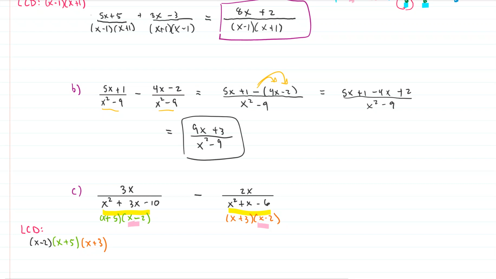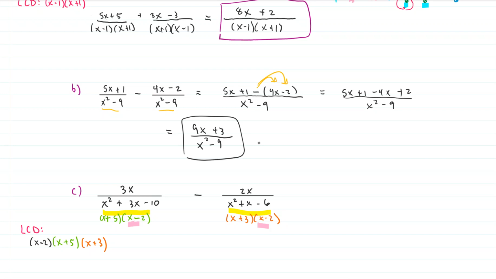So we're going to need to convert both of these, the left and the right, to have that same common denominator, and then we can distribute the negative through, simplify, and we'll be done. If we look at this first term, the 3x over x squared plus 3x minus 10, we can see that we're missing the x plus 3 term.